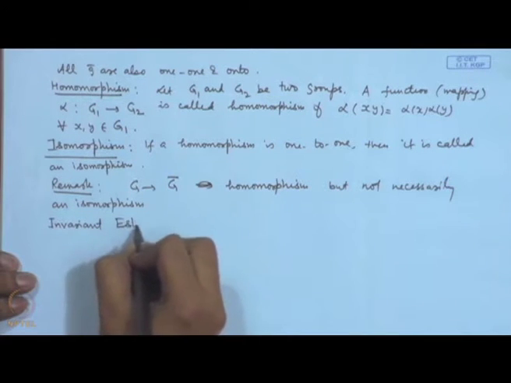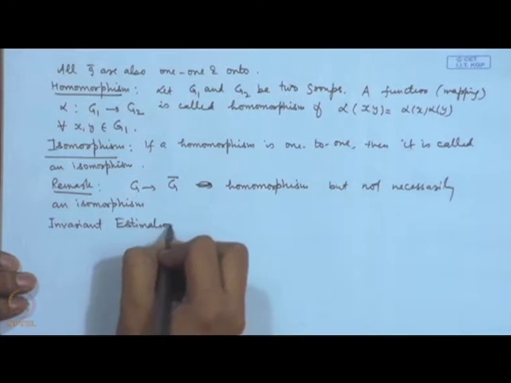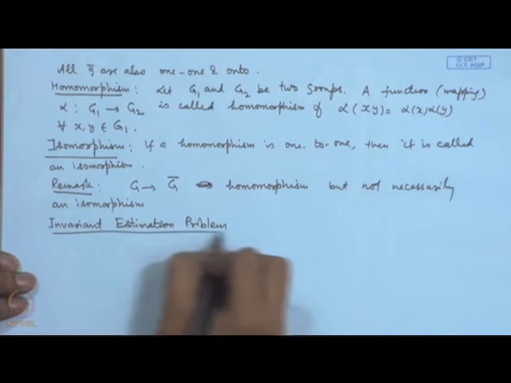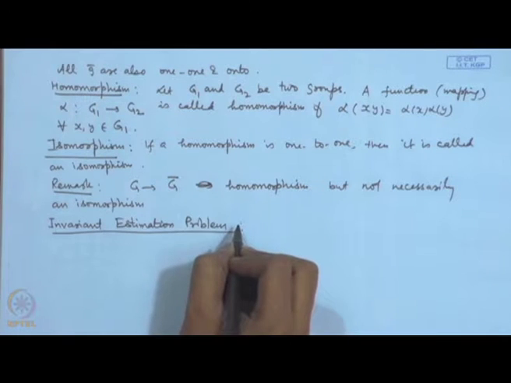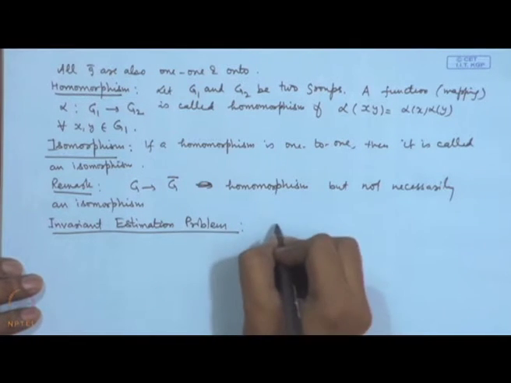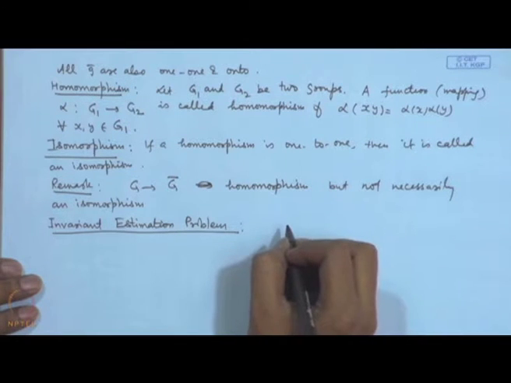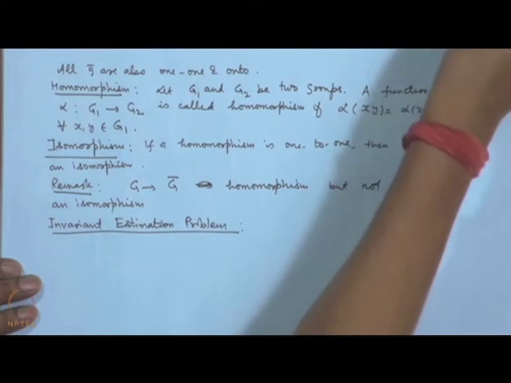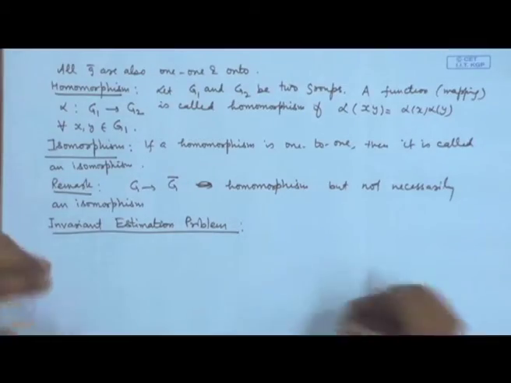Let us define what is an invariant estimation problem. So, we have a family of distributions, we are considering a certain loss function, that is L theta a, and we have a group of transformations.